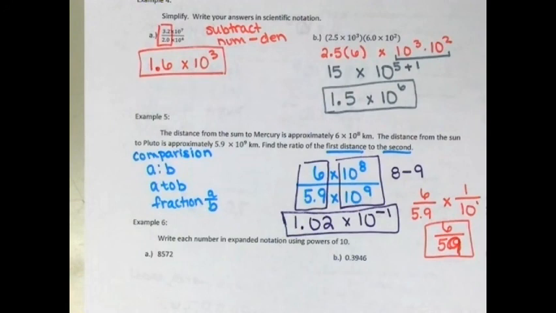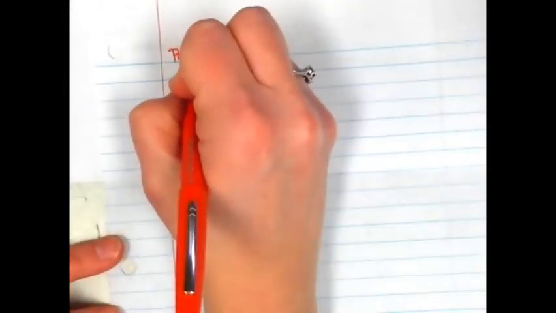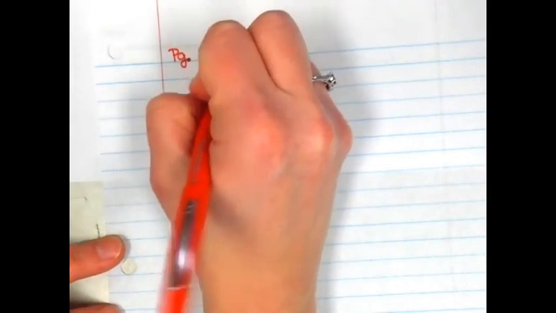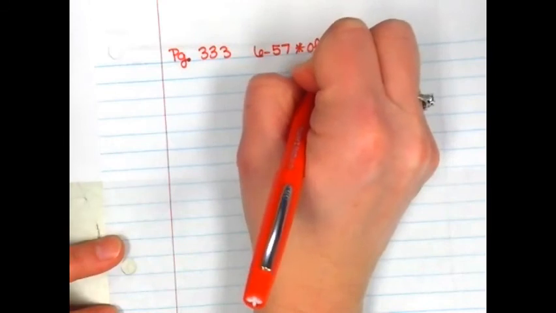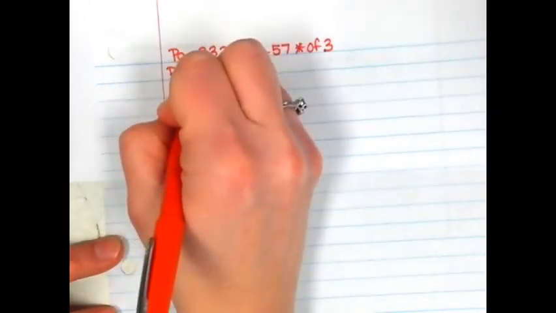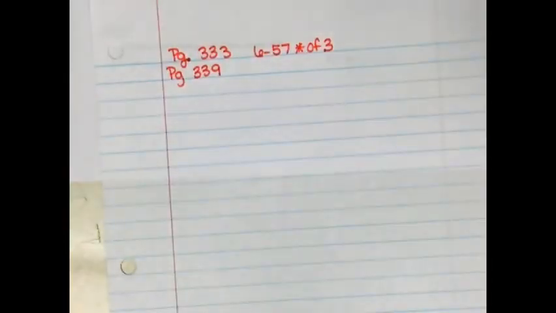No. All right, I'll go ahead and stop right now and just give you guys a little break here. Homework, I'm going to change just a tad for you. Not much, okay? So your assignment, okay, is page 333, 6 through 57 multiples of 3. And page 339, we are going to do 3 through, hold on.